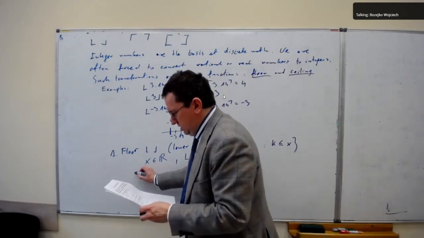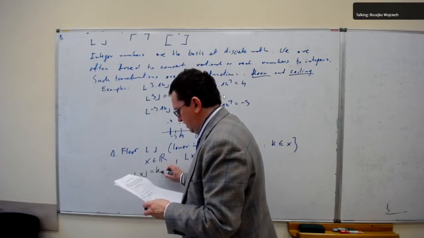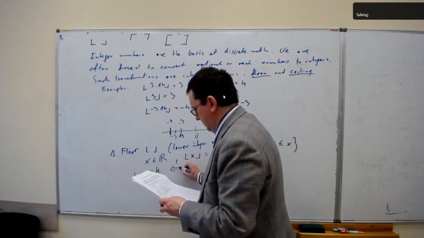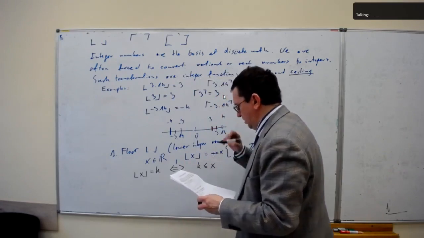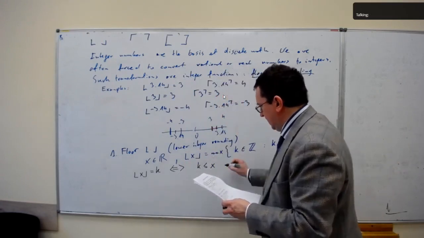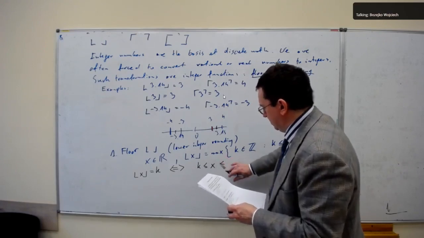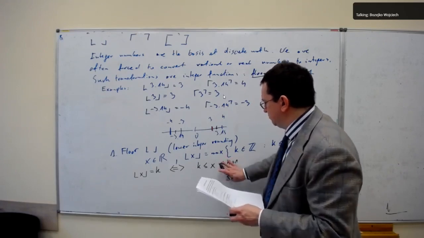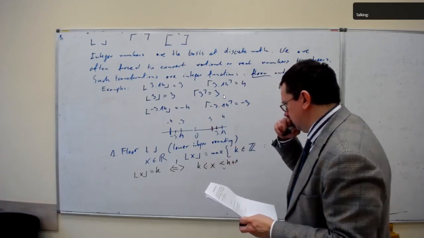We can see that if this is k, then k is smaller or equal to x, and x is smaller than k plus 1. So x is between two integers.